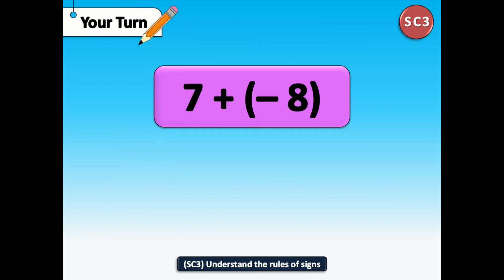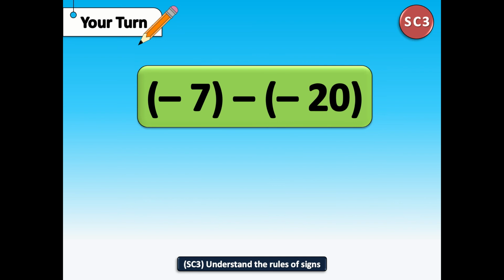Here's a question for you to have a go at. Pause the video, and when you're ready to mark your work, press play. So for this question, we should have got the answer -1. Here's another question for you to have a go at. Again, pause the video, and when you're ready to mark your work, press play.